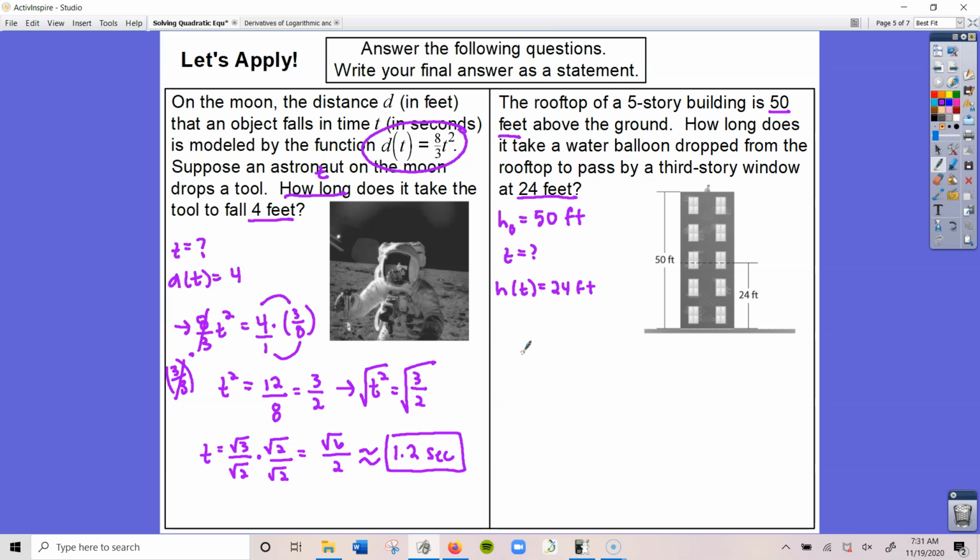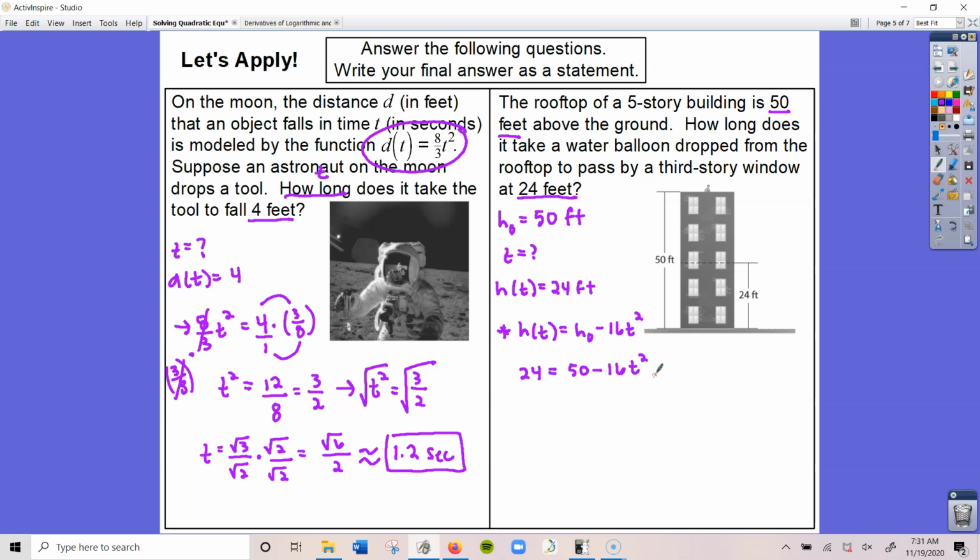So what we do here now is we're going to use that equation from the previous slide, which is h of t is equal to h0 minus 16t squared. Remember, I'm solving for t, but I have h0, which is 50, and I have h of t, which is 24. So I'm just going to plug in those values. So 24 is equal to 50 minus 16t squared.